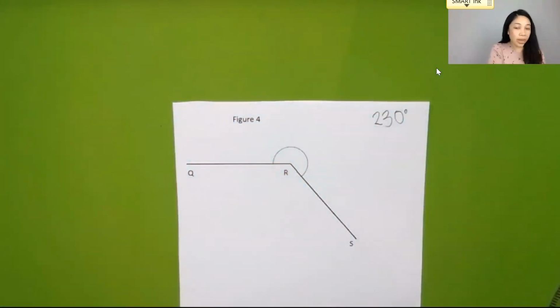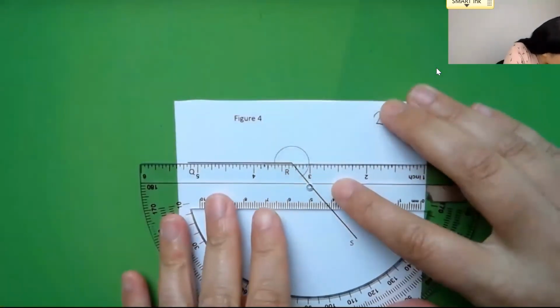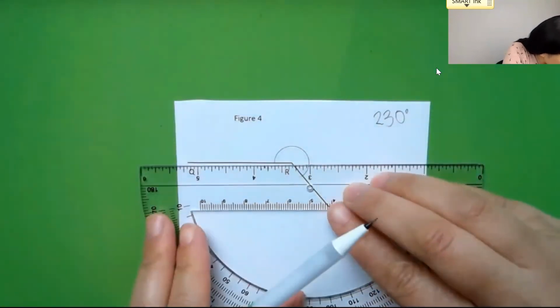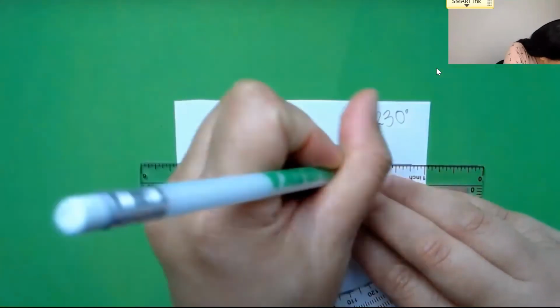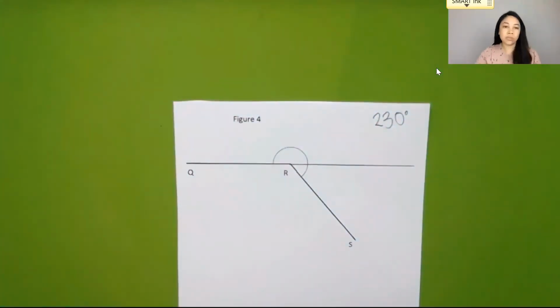Now, go ahead and use the straight edge of your 180-degree protractor to extend QR to the right. What happened to angle QRS indicated by the arc?